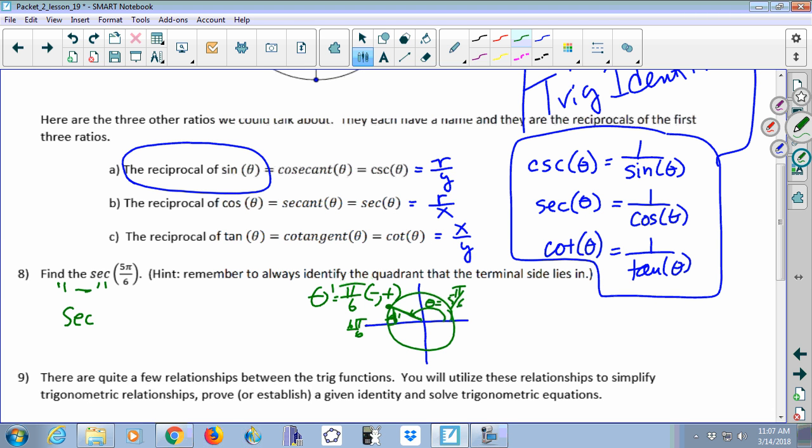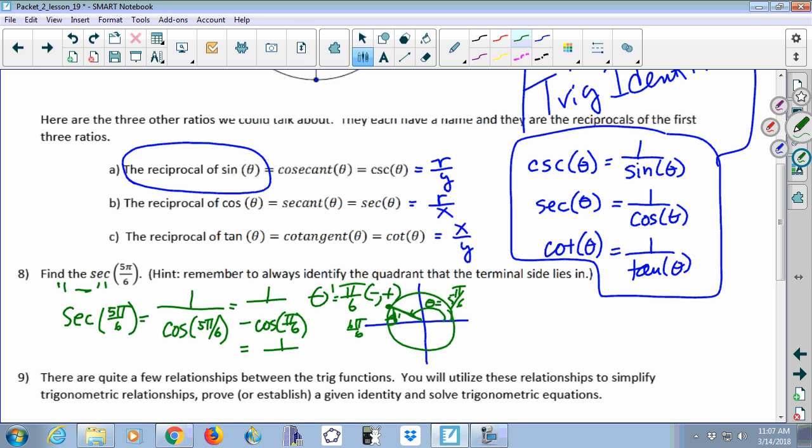All right? So secant of 5 pi over 6 is the same as 1 over the cosine of 5 pi over 6. And the cosine of 5 pi over 6 is the same as the negative cosine of pi over 6. I just use my reference angle.